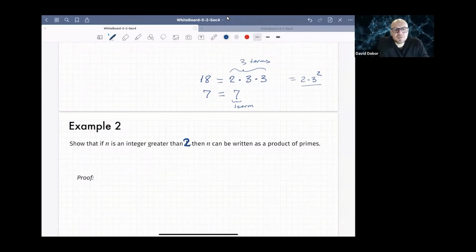Now, you may have proved the uniqueness in part 1 of this course. It's not only that any integer can be represented as a product of primes, but that the representation is unique. That's the second part of this theorem, which you may have proven as an exercise on proofs by contradiction.